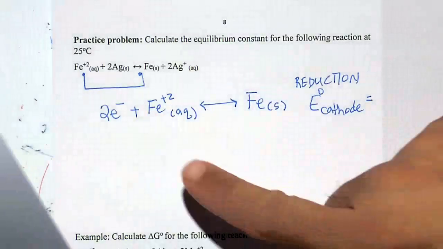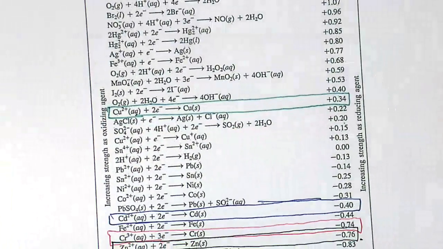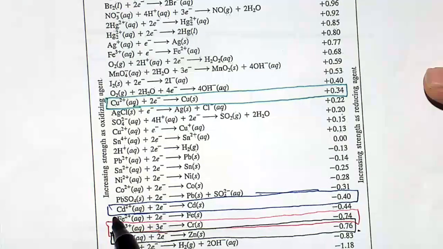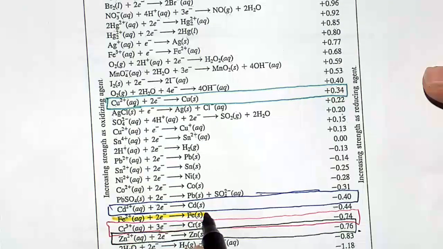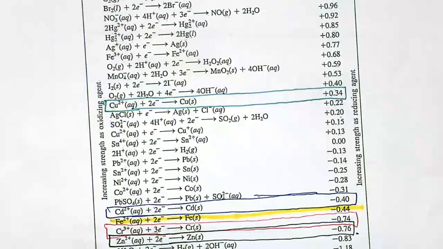Okay. And where do we see iron plus 2 electrons goes to iron solid? Where do we find it? Okay, I'm finding it right here. Minus 0.44 volts. Do we flip it?